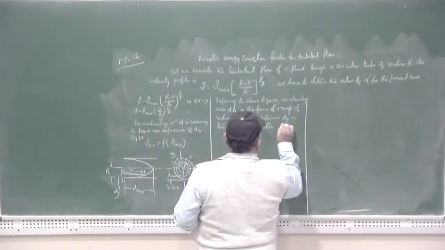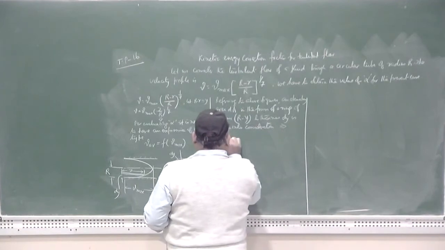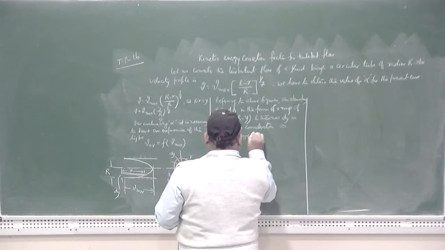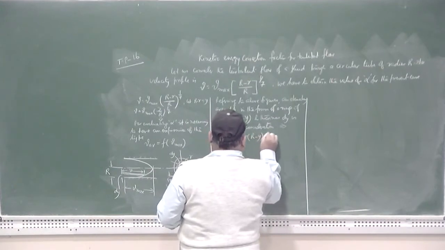So, the value of dA should be equal to 2 pi r into h, that is 2 pi (R minus y) into dy.